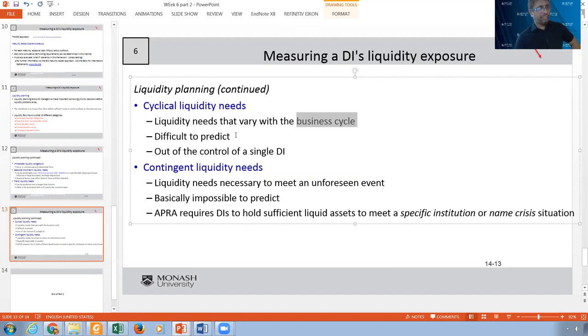It needs too much analysis to do. And then the contingent is even more difficult, liquidity needs necessary to meet unforeseen events. Basically impossible to predict this type. So APRA, for example, which is the prudential regulator in Australia, requires the institutions to hold sufficient liquid assets to meet specific institution or some type of crisis.